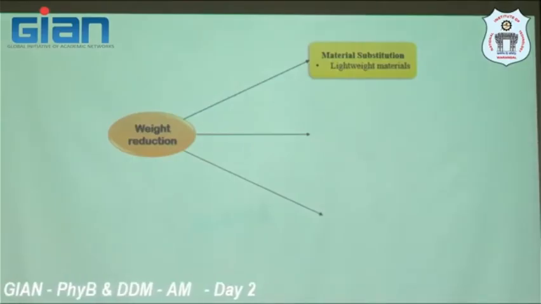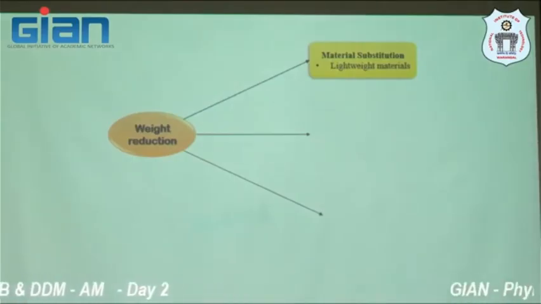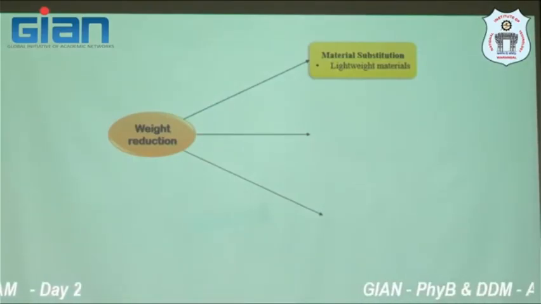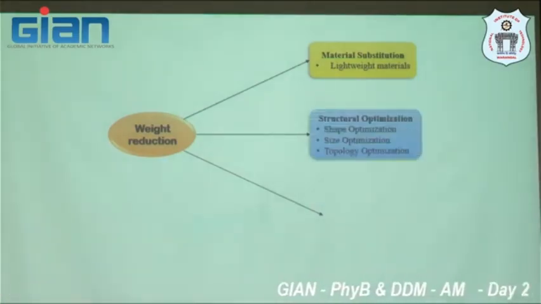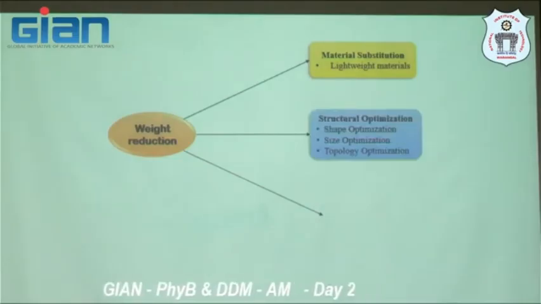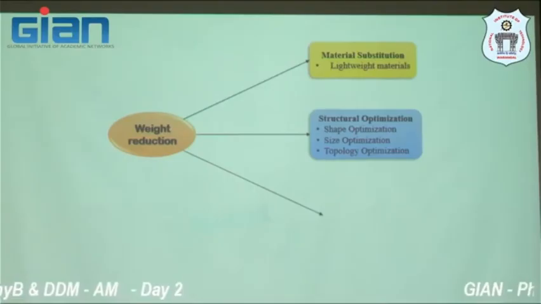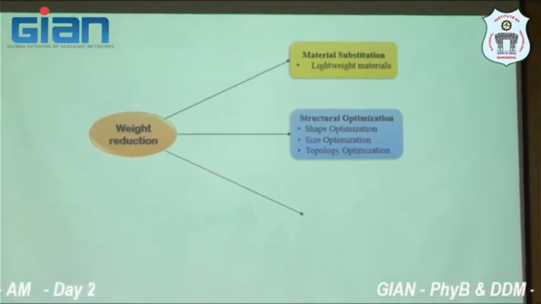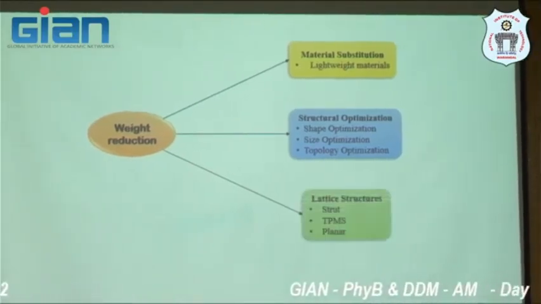The second method is structural optimization. In structural optimization there is also shape optimization, size and topology optimization, and mainly we are using topology optimization. The third method is lattice structures.